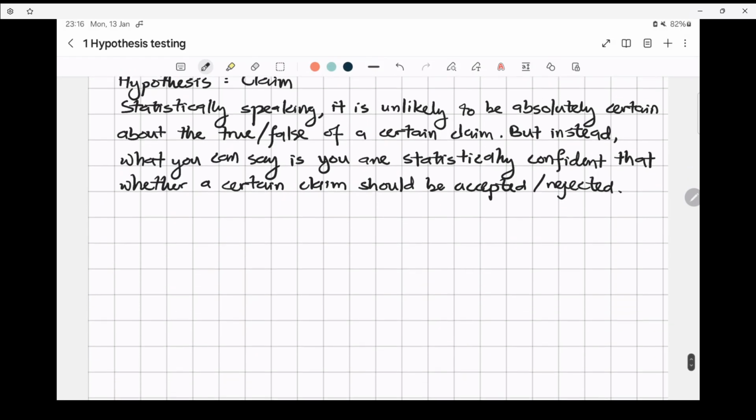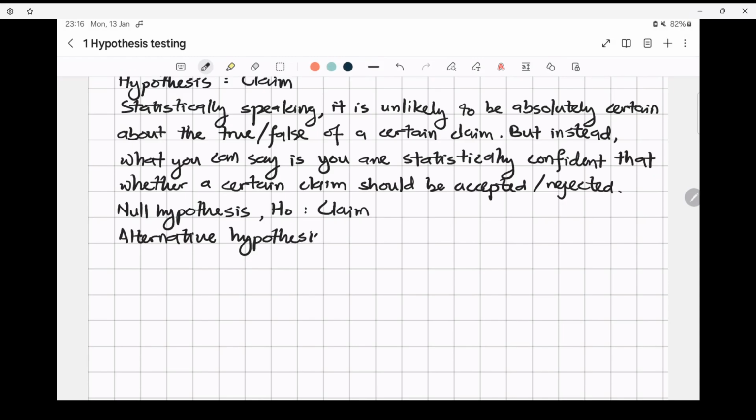In this topic, you have some names that you need to remember. The first is the null hypothesis. We label this as H0, and this is your claim. Then you have the alternative hypothesis, which we call H1.